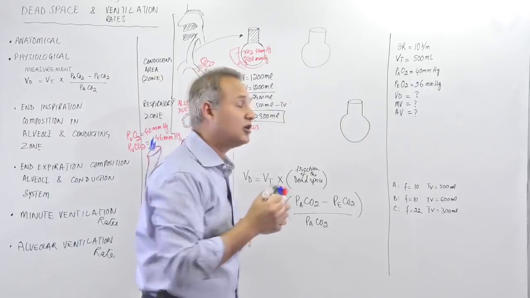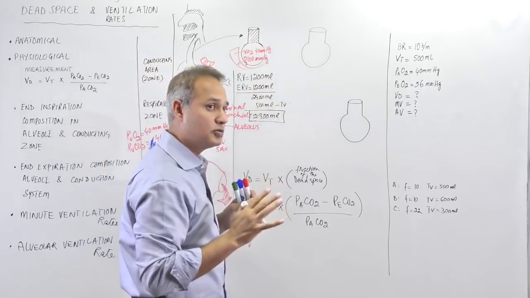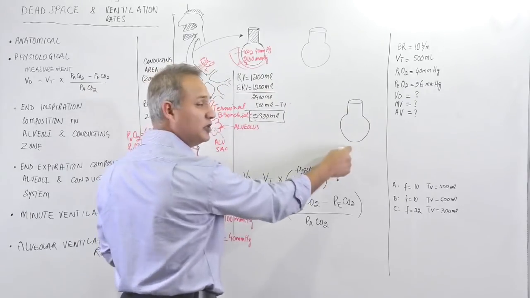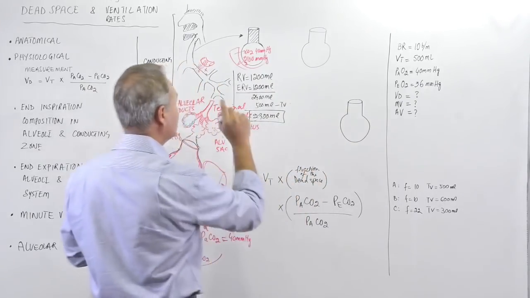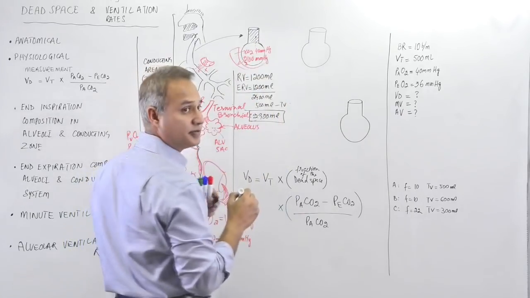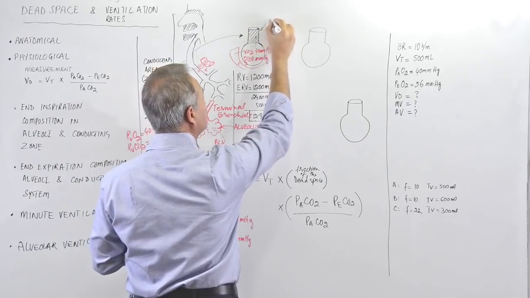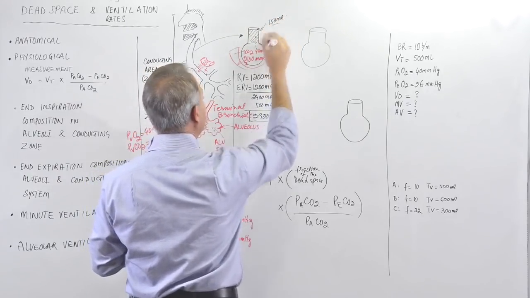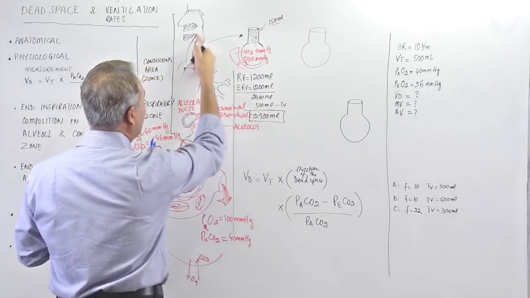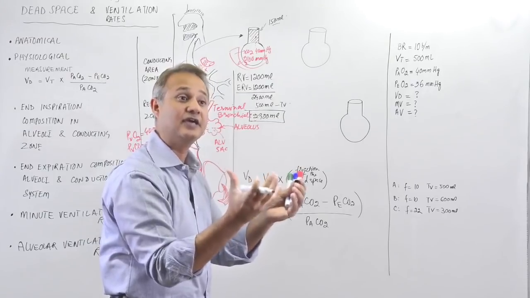What is the composition of the gases here? Is it the same as that? No. But what is it? We'll answer that when we reach here. So just imagine this for the time being. The volume of this is 150 milliliters. That means this whole pathway, the black pathway, can contain 150 milliliters of air in it.